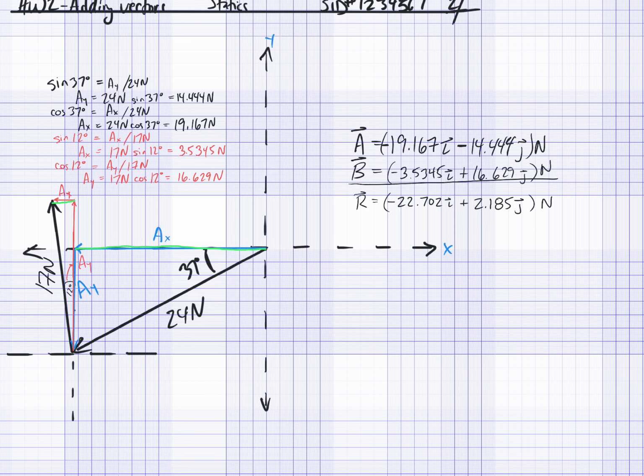In the vertical, I'm going to go down this number and then back up that number. So I go down 14.444 to get down to here, and then I turn around and go back up 16.629. That's what ultimately creates my full traveling distance.